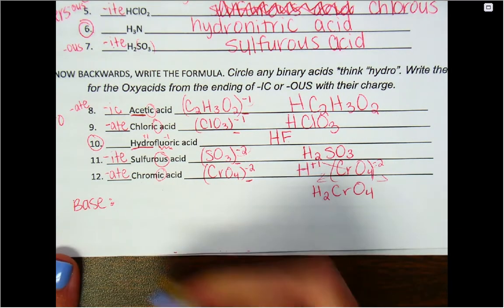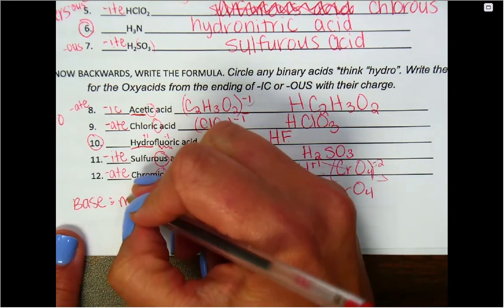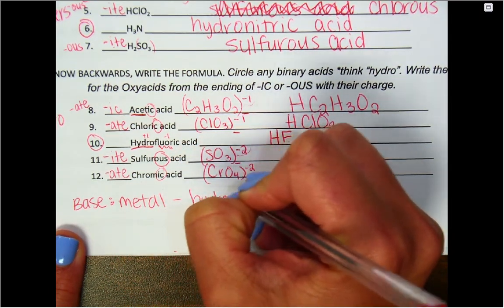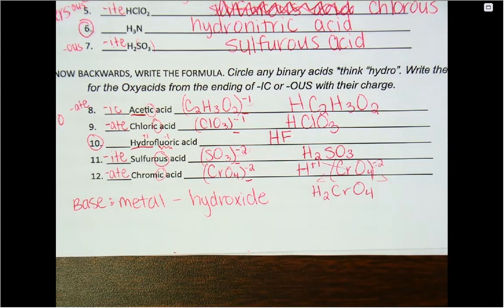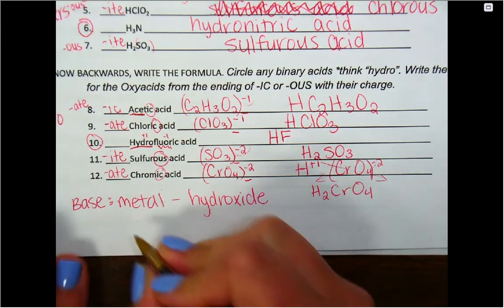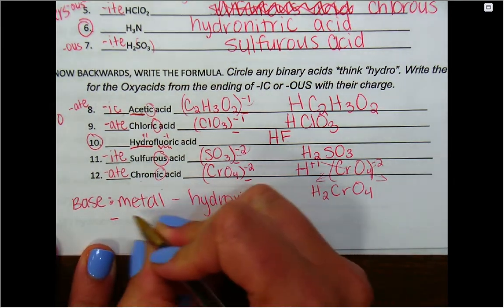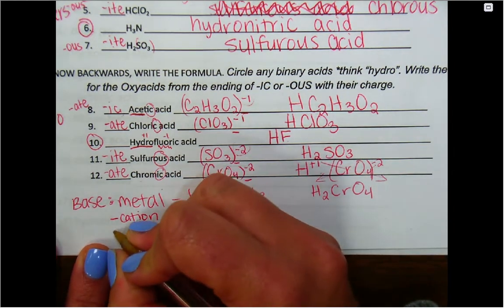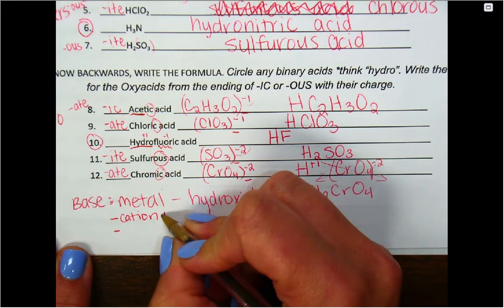All right, the last little part that you need for tonight is the part at the very, very bottom of your page that says metal hydroxide. Okay, metal hydroxide. For a metal hydroxide, the thing that you got to remember is that your metals, write this underneath the word metal, are cations, which means they're going to have those positive charges, right?